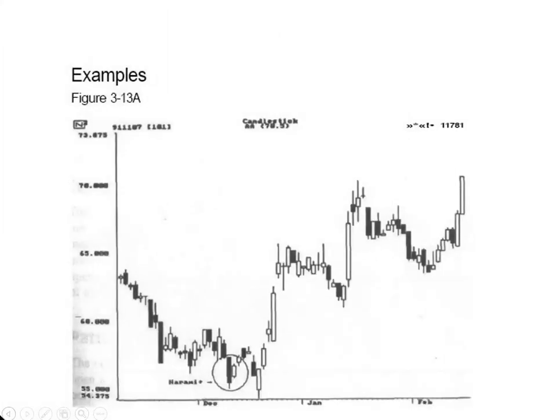These are the examples. Like here, we can say there was a downtrend in place, and here this pattern appears, more like a bullish Harami. And then from that day onwards, the trend has changed to up.